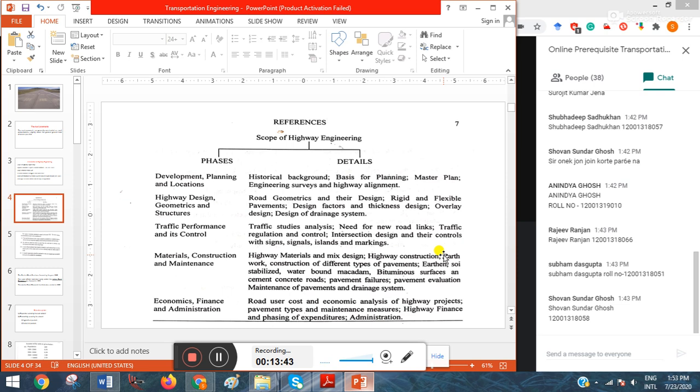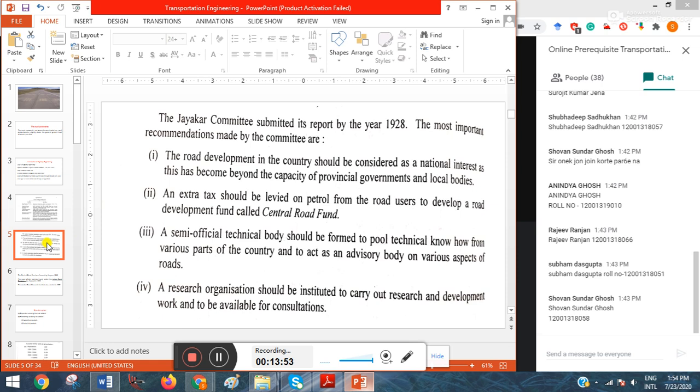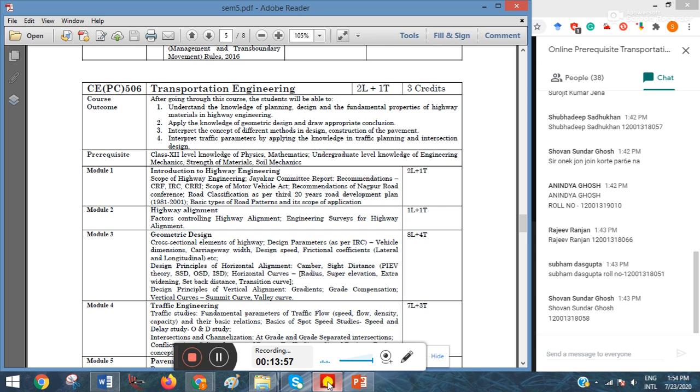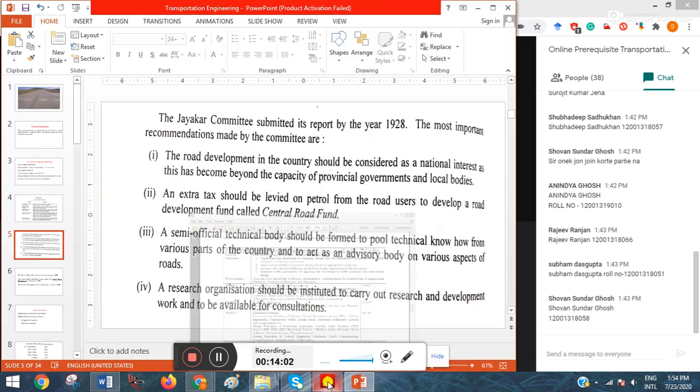After this scope of highway engineering, as per any standard syllabus or the syllabus which we are following, you can see the Jayakar Committee. From the syllabus we can get this topic or module, the Jayakar Committee report.